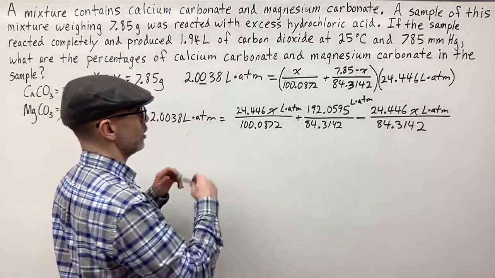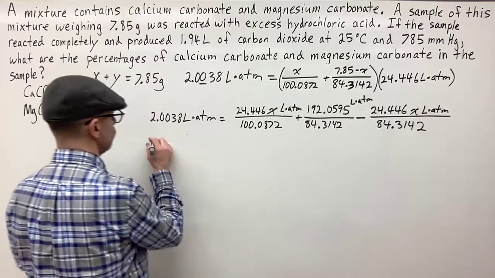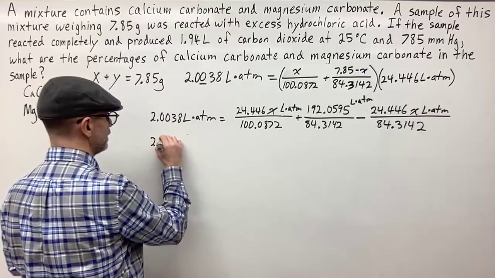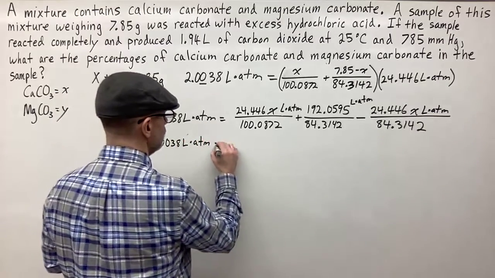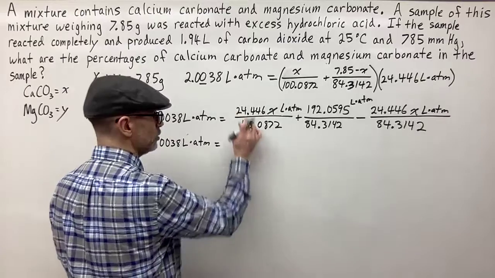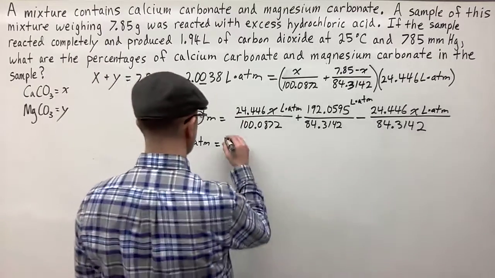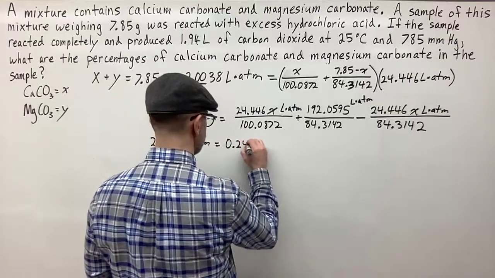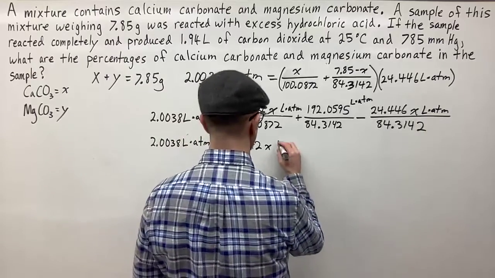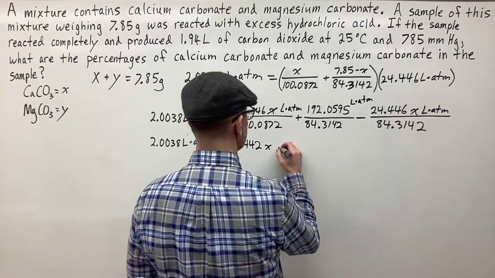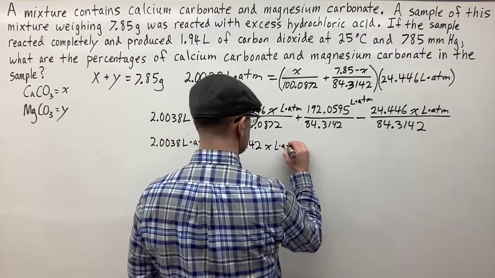Okay, so now we're going to divide these two. When we divide these two, again, we'll write this 2.0038 liter atmospheres equal, okay, we're going to divide these. When we divide those numbers, we get 0.2442. So this is going to be 0.2442x, and that's going to be liter atmospheres.